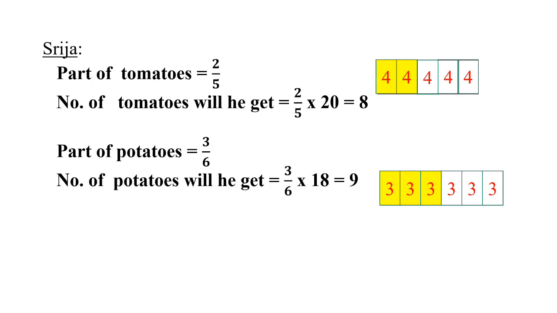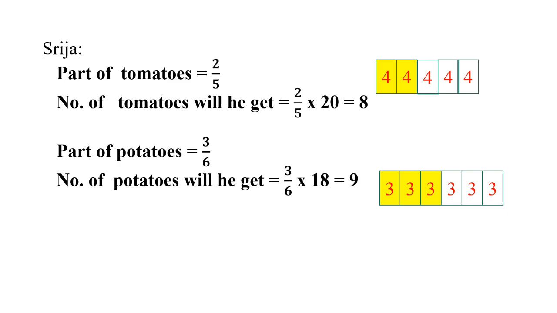Next, Srija. Part of tomatoes 2/5. Here, we have to split the whole into 5 parts and shade 2. Here, I have colored 2, that is 2 out of 5. After that, 2/5 of 20. Totally we have 5 parts, so we divide 20 by 5.